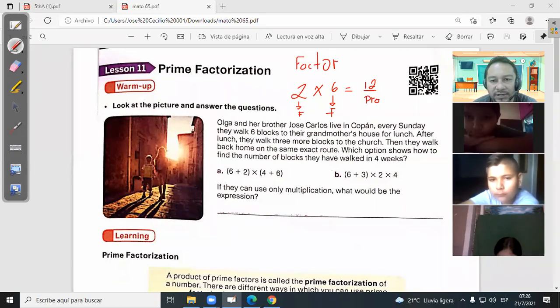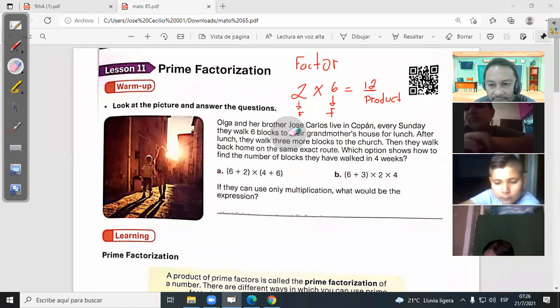My answer is going to be my product. So first of all, you have to understand that a factor is a number, and my answer is going to be my product. Is that clear? Yes.